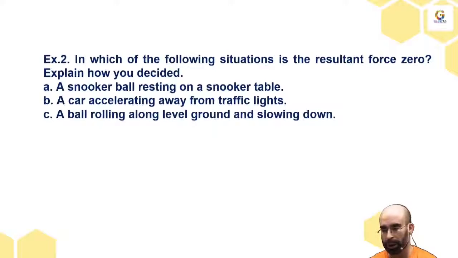C, a ball rolling along level ground and slowing down. So, out of these three situations, we can figure out that there is one case in which the resultant force is 0, and that is A, a snooker ball resting on a snooker table.